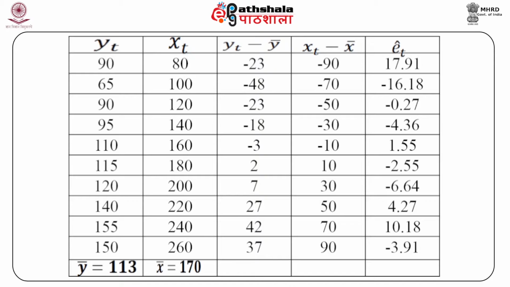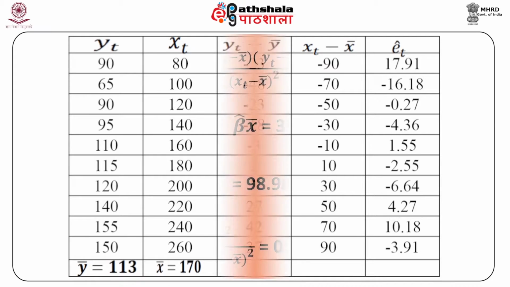Using the formula for our beta coefficients, we calculate the values, and this calculation is shown here before you, where we have first calculated yt minus y bar, similarly xt minus x bar, and et hat.